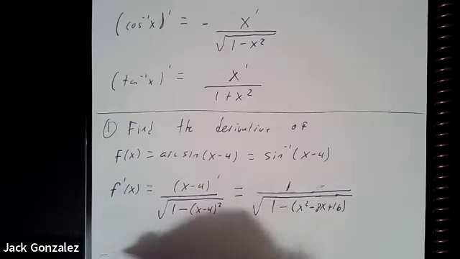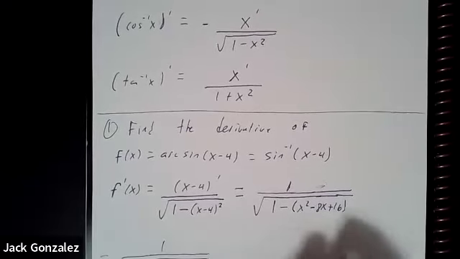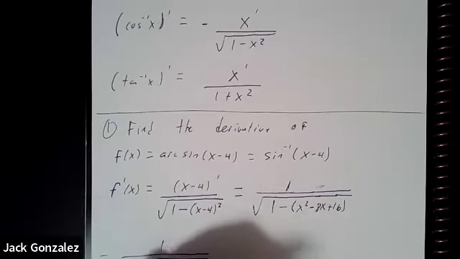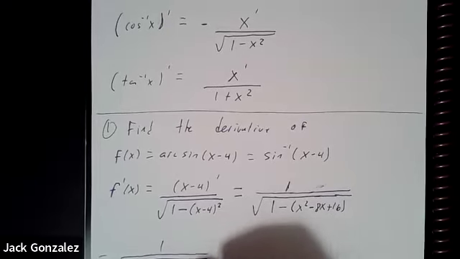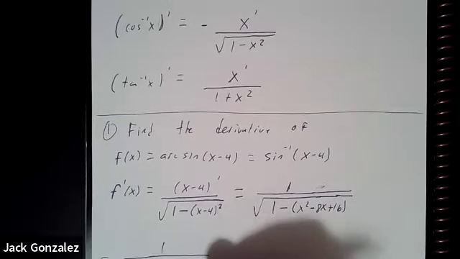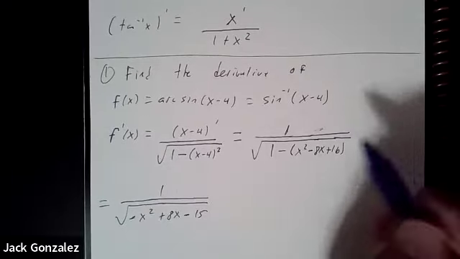Okay, at this point, the calculus is done. But we can combine this, that'll be negative x squared plus 8x, negative 16 plus 1, negative 15. Any questions on applying the formula?